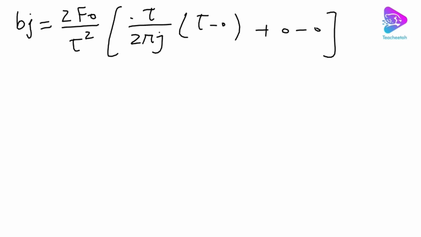So this is what's left from substitution, and it gives us bj as minus f naught over pi j. As you see, bj is a function of j.